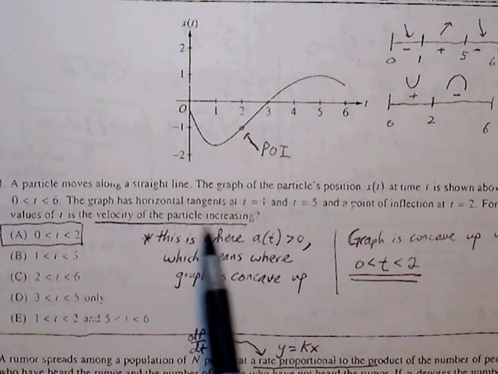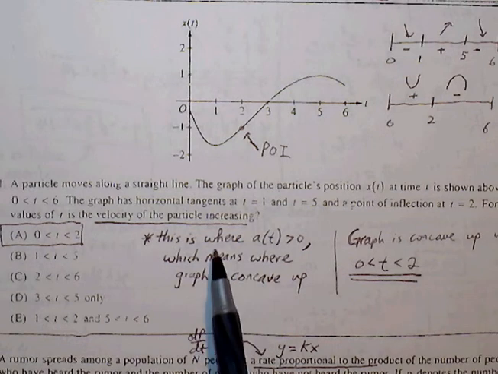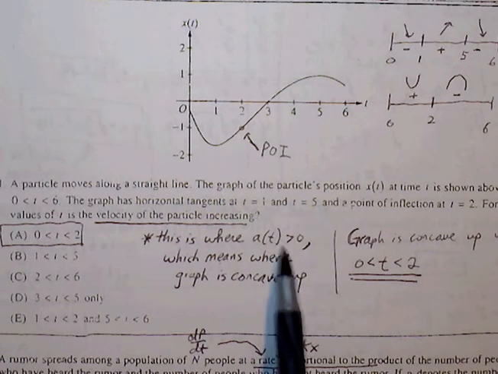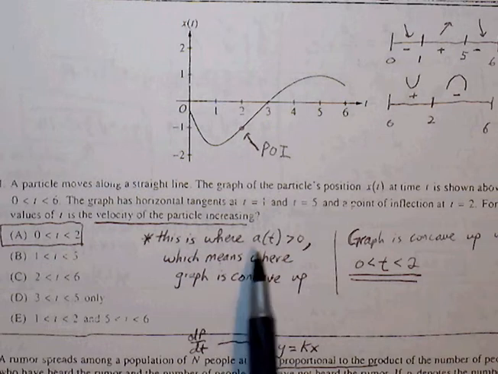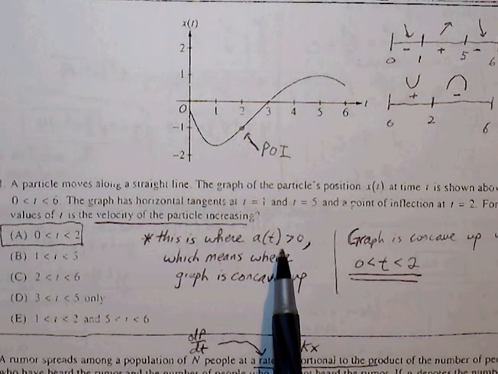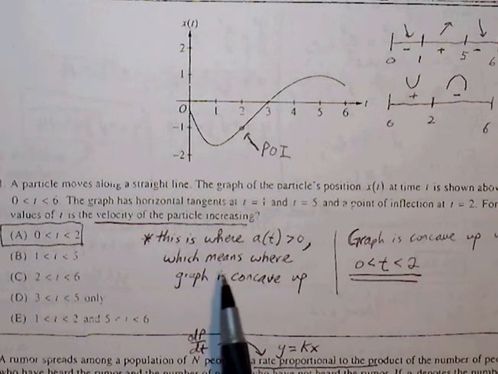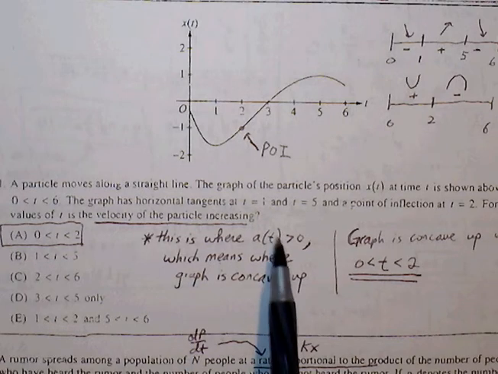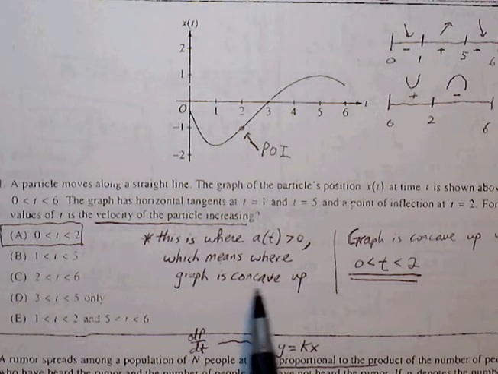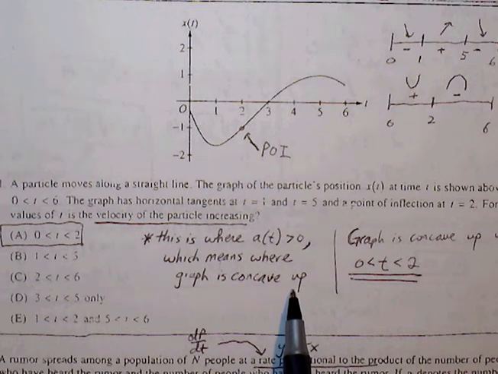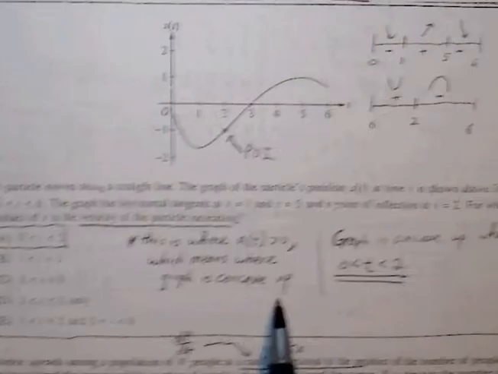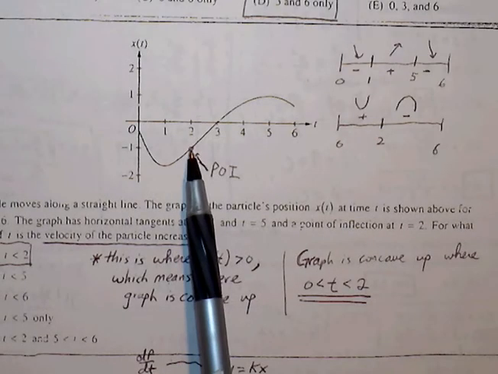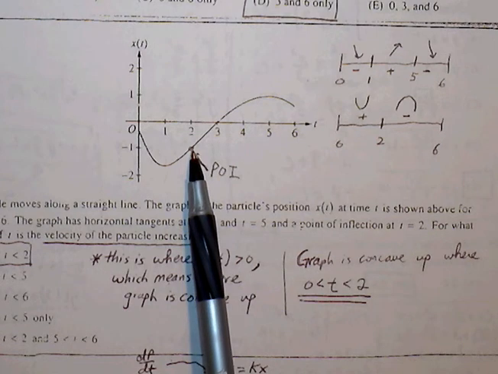So another way to interpret this is asking where the acceleration is going to be positive. And if acceleration is positive, what that means in terms of our graph is where our second derivative is positive. So that's asking where the graph is going to be concave up. We know the point of inflection, they tell us, is at t equals 2.